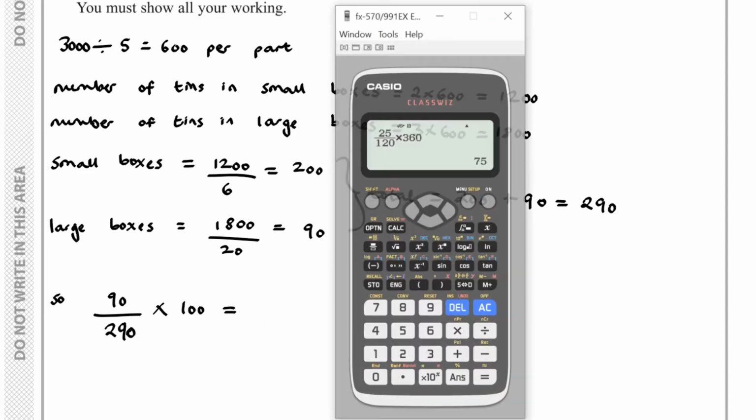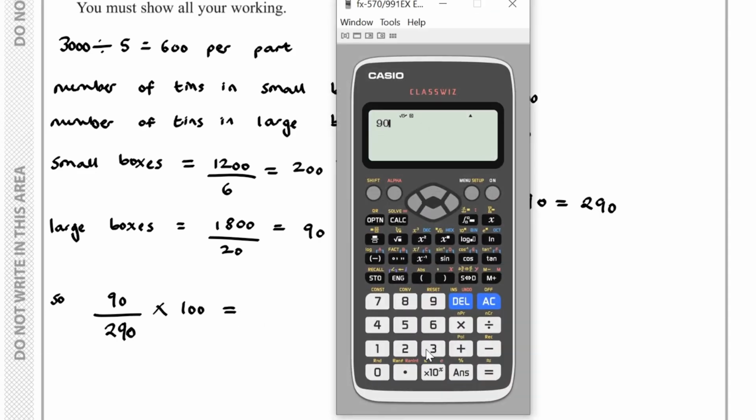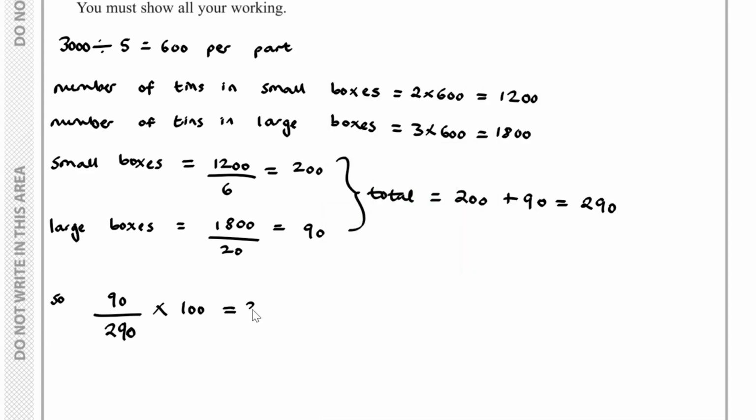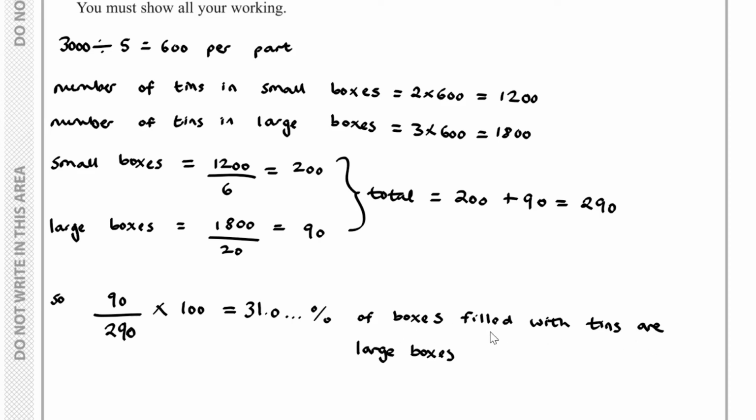So if we work this out, 90 divided by 290 and then multiply this by 100, it turns out here we get 31.0 etc. %. So therefore this is the percentage of boxes filled with tins which are large boxes, and therefore you can conclude over here this is not equal to the 30% which Carlo said, so therefore we can conclude Carlo is incorrect.